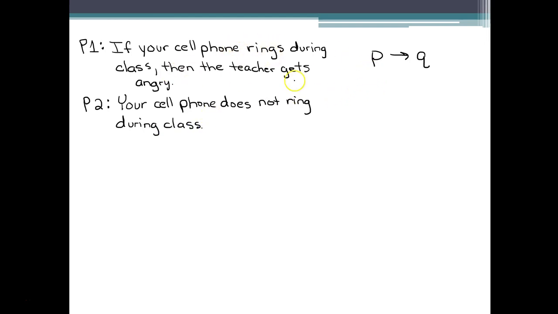So your cell phone rings during class is P, so your cell phone does not ring during class is not P. And then the conclusion, that therefore, you could do three dots, the teacher does not get angry.